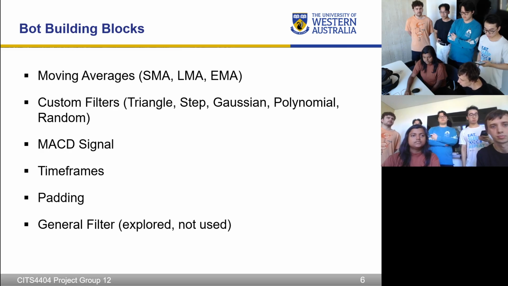We implemented all core building blocks from the project specification: standard moving averages like SMA, LMA, EMA, and custom filters: triangle, step, Gaussian, random, polynomial, the MACD indicator, time frames, and padding for convolution. We also explored a fully general filter but excluded it due to high dimensionality.